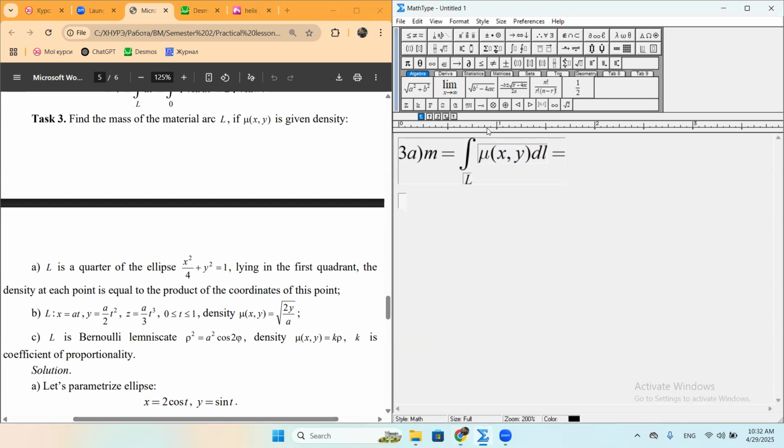In case A, L is the quarter of the ellipse, x square over 4 plus y square equals 1. So a quarter of the ellipse line in the first quadrant.